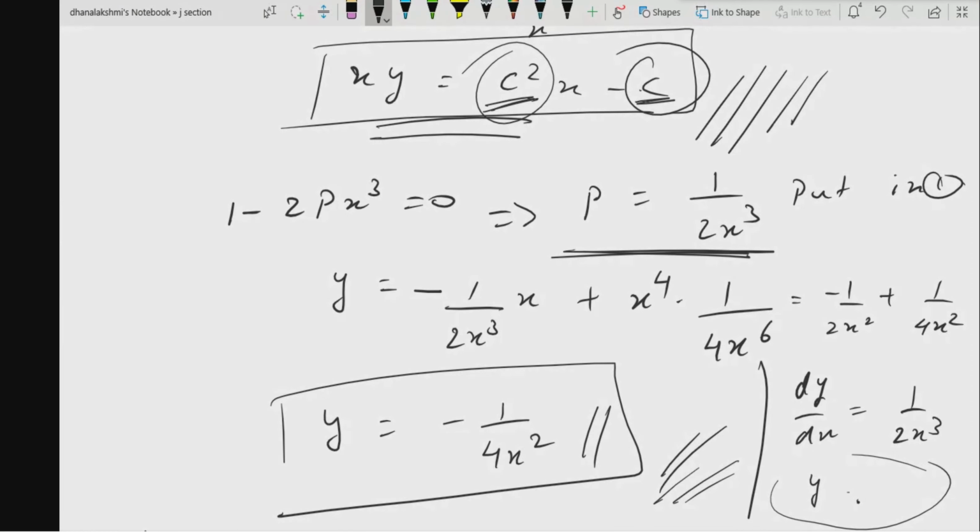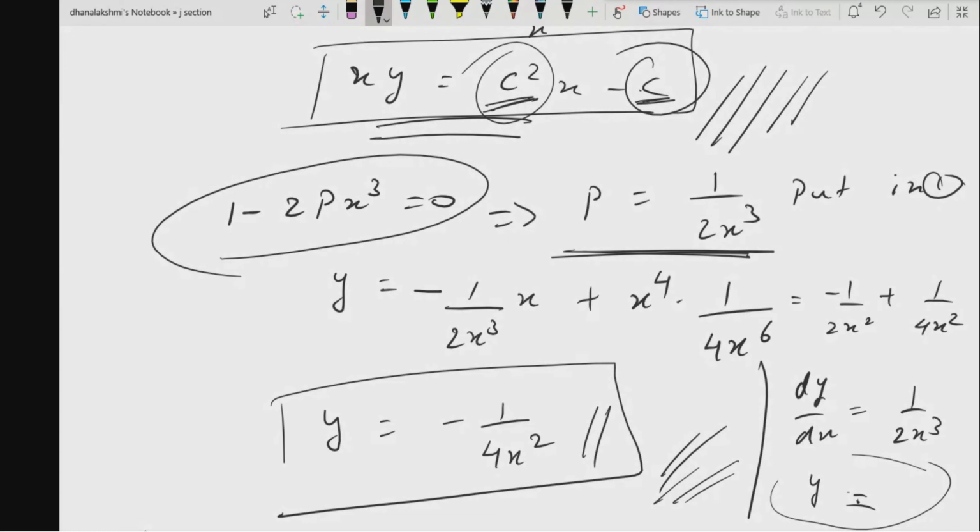For this problem, it may satisfy what y you are getting here. It may satisfy this particular one, but not always for all the questions. That is a good thought, what you asked actually. P is nothing but dy by dx, we can solve it, dy by dx will be equal to 1 by 2x cube. But that will be only a solution of this part, not of the original differential equation.